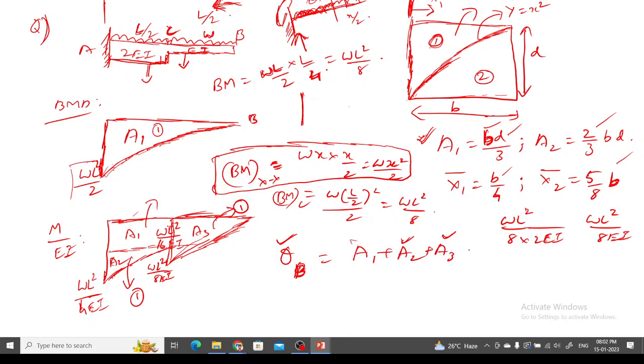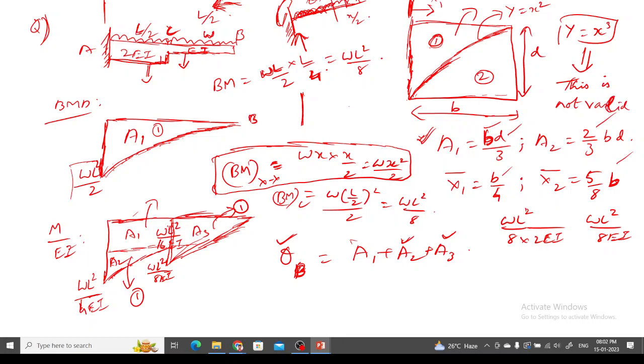If the parabola is something like y is equal to x cube, then this formula is not at all valid. Only for uniformly distributed loading, where the shear force is linearly varying, the bending moment diagram is a second order parabola, and then I can use all these formulas.